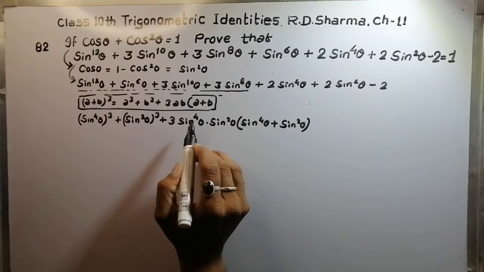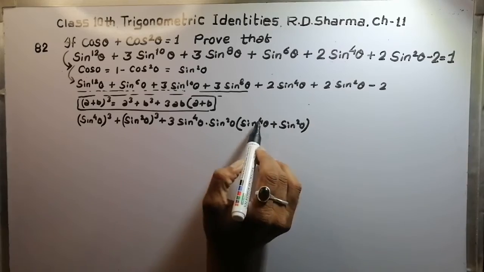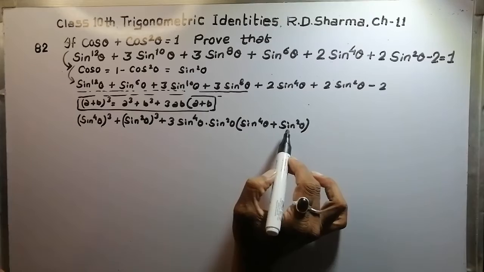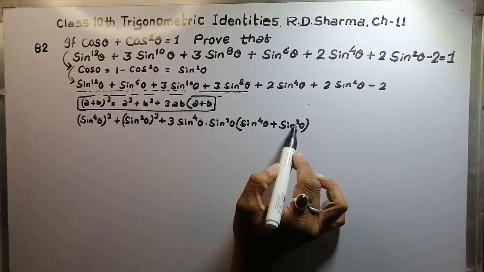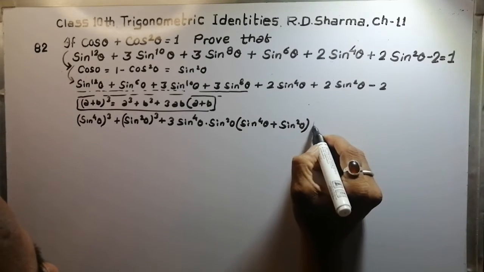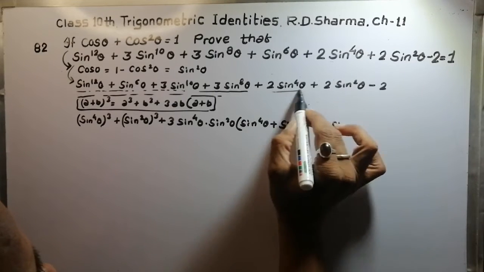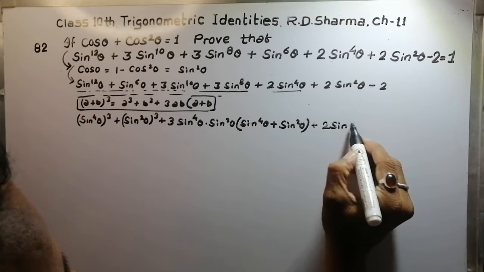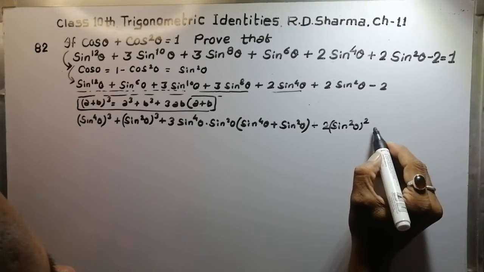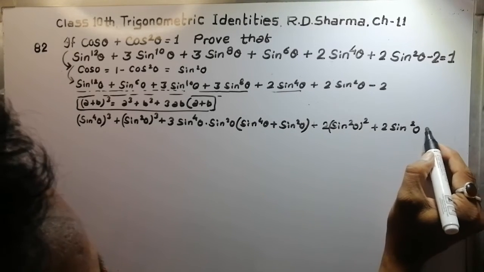And check: 4 plus 2 is 6, 6 plus 4 is 10, so we get 3 sin 10 theta, and 4 plus 2 is 6, 6 plus 2 is 8, there 3 sin 8 theta. So our equation is complete, and here 2 sin, and we can change this sin raised to power 4 theta as 2 sin square theta whole square and plus 2 sin square theta minus 2.